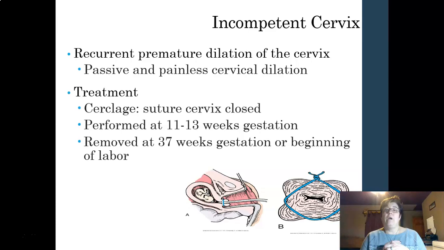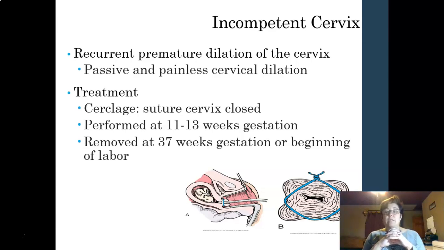And so at some point in the pregnancy, usually about 14 weeks, an incompetent cervix will just start to open. The key is passive and painless dilation. So this means that the cervix opens without contractions.